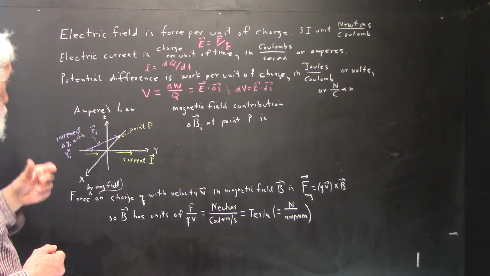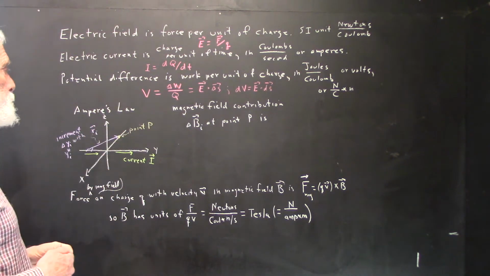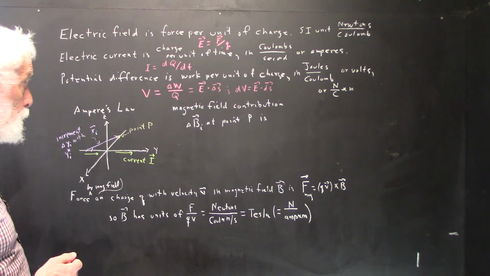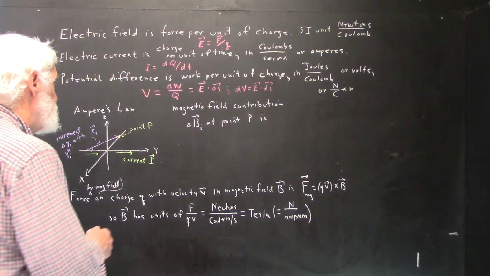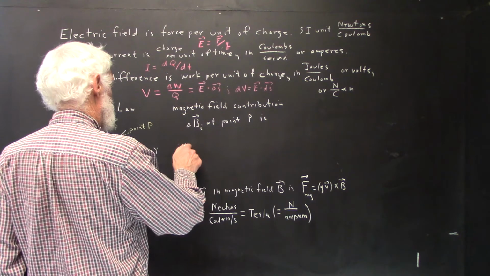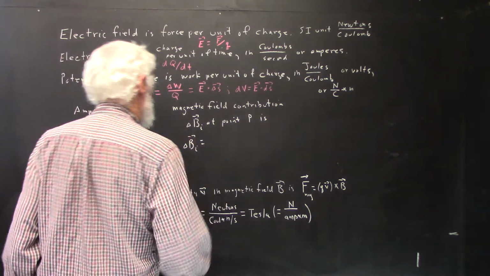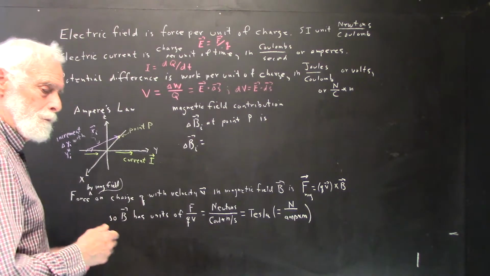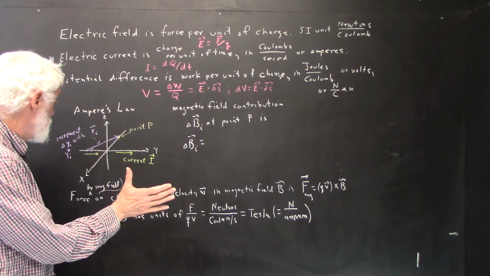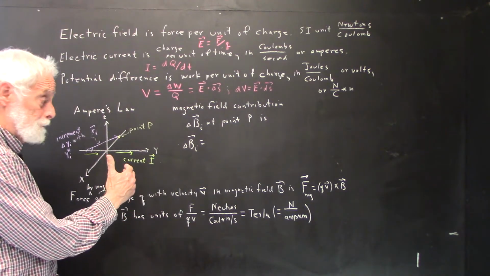Now, the magnetic contribution delta B sub i at point P is what? Moment of anticipation here. Cross product of the current with the r vector.